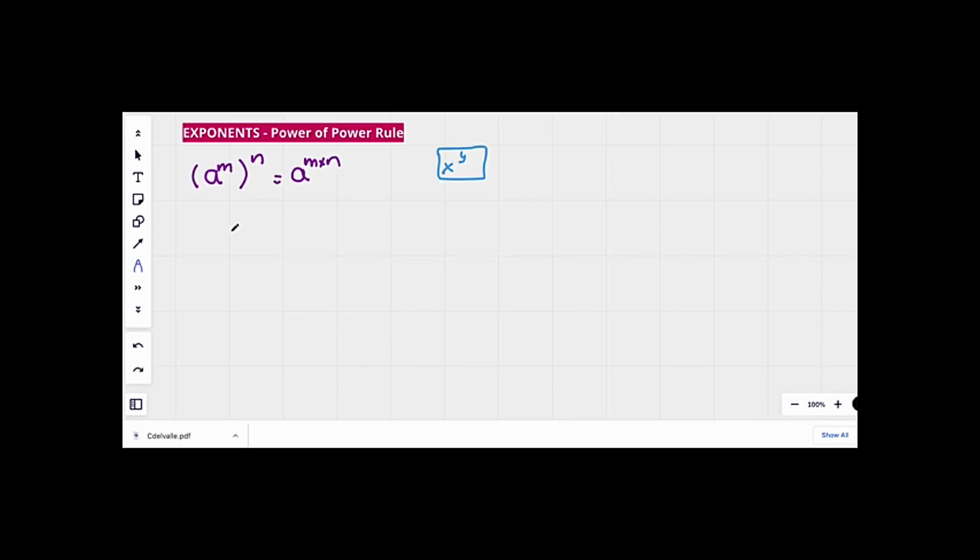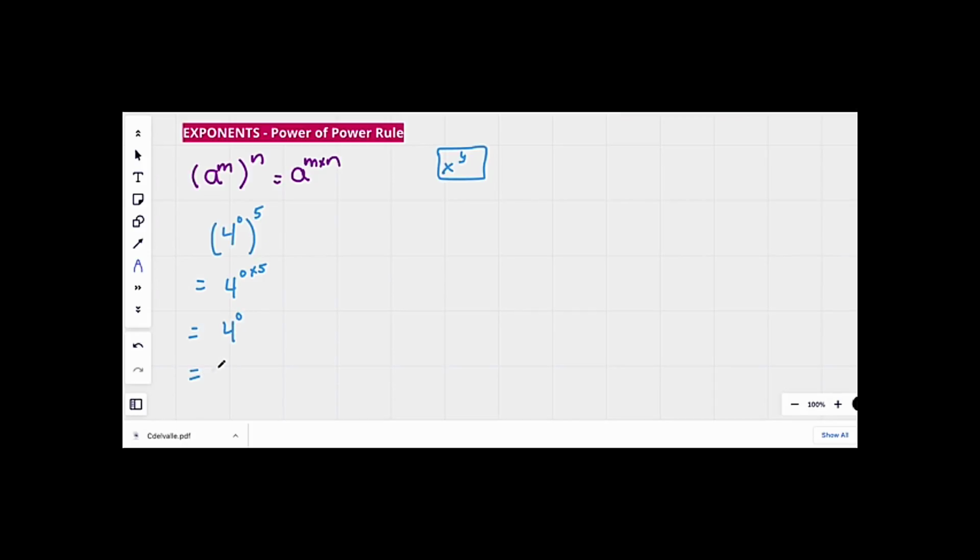What if we have something like 4 to the power of 0 and all of that to the power of 5? Okay, so we can still apply our power of power rule. So we've got 4 to the power of 0 times 5, which is the same thing as 4 to the power of 0.